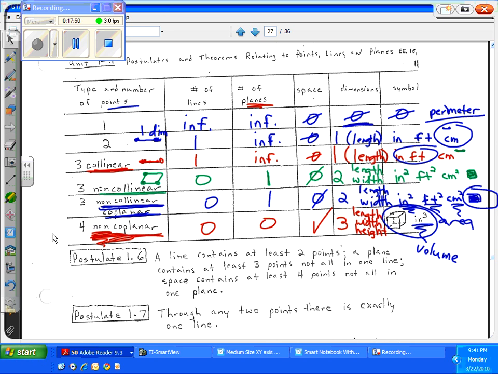So perimeter is measured in inches, feet, centimeters, one dimension. Area is measured in square inches, square feet, square centimeters, two dimensions. Volume is measured in cubic inches, cubic feet, cubic centimeters, or cc's, cubic units, okay? Any questions on Unit 1.4?